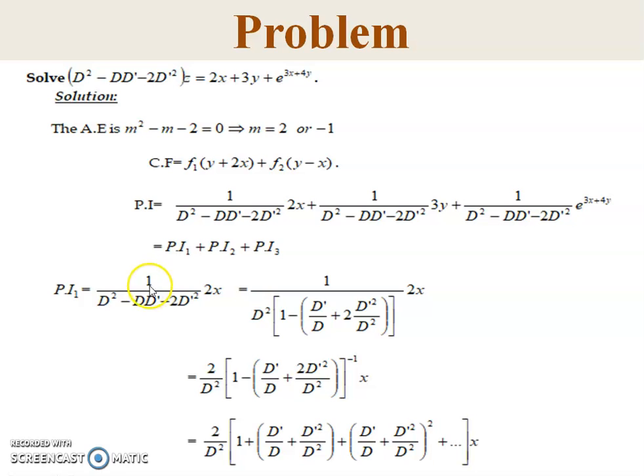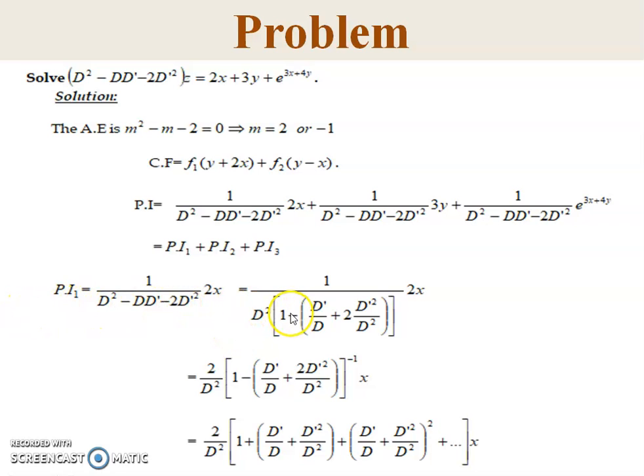Now first consider PI1: 1 by (D² − DD′ − 2D′²) into 2x. The function here is an algebraic function, and if it is algebraic, we apply the binomial formula. Take D² as common factor. We have only one D, so put D in the denominator, and D² in the denominator for the other term.